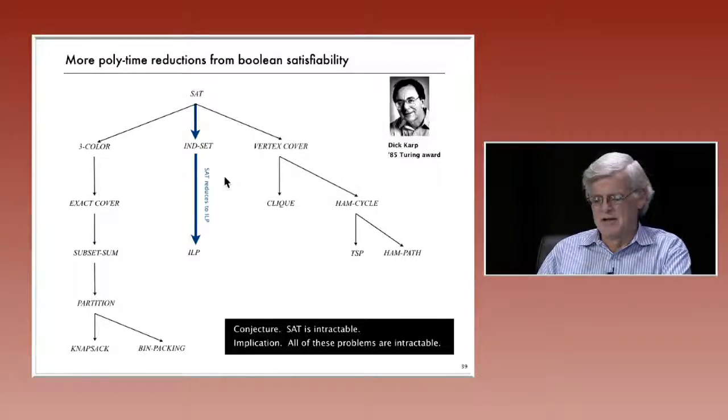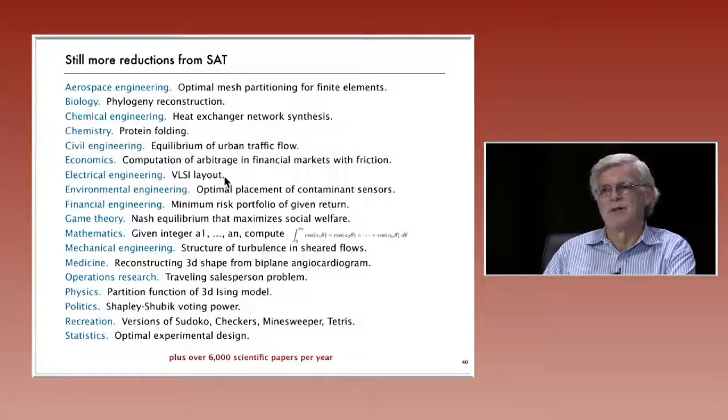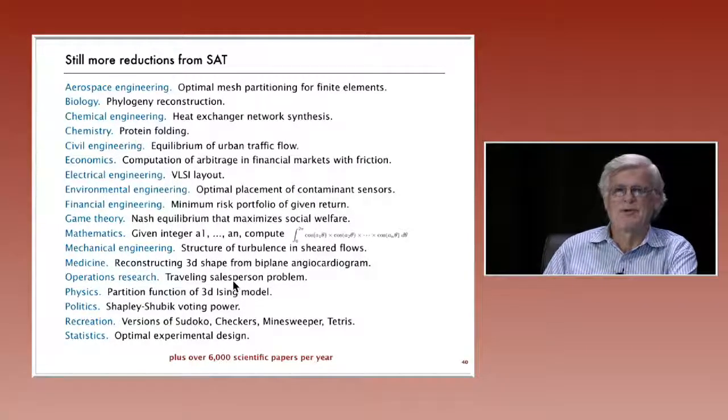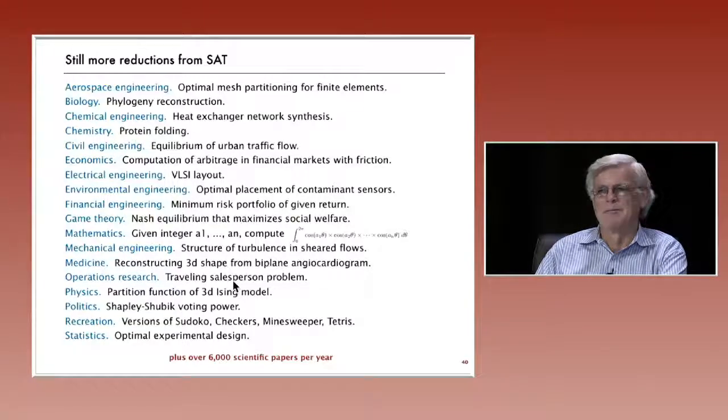That was quite a powerful idea of using polynomial time reduction to classify problems in this way. In fact, it's such a powerful idea that nowadays there's maybe 6,000 papers per year with reductions from SAT to some new problem.